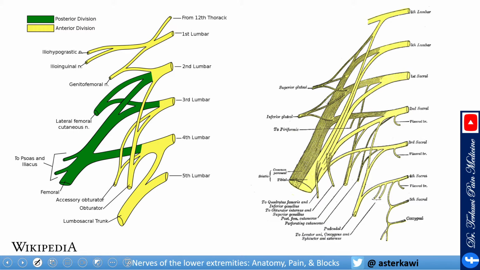So here on the right side of the screen, you will see the lumbar plexus. Again, small contribution from T12, then L1 to L4, and you see the branches, which we'll go over, and then you will see the sacral plexus here, which is again from L4 mainly to S4.